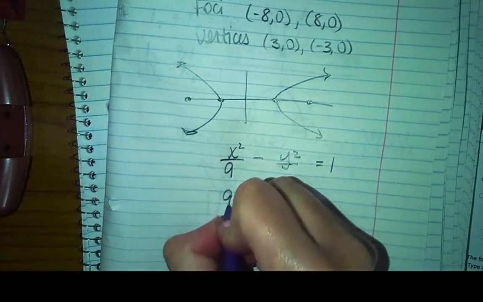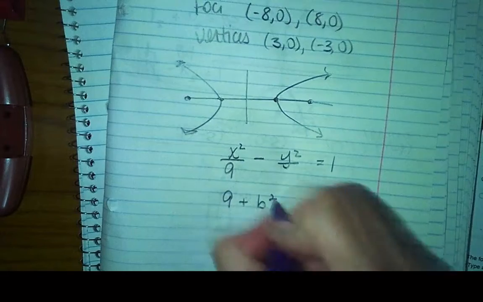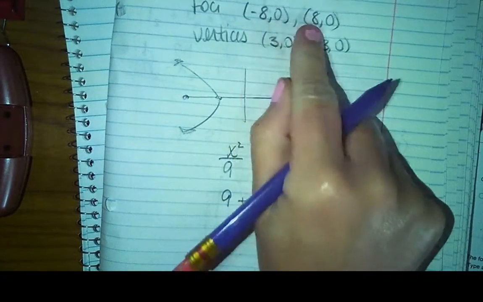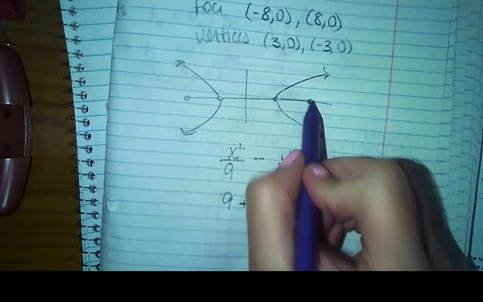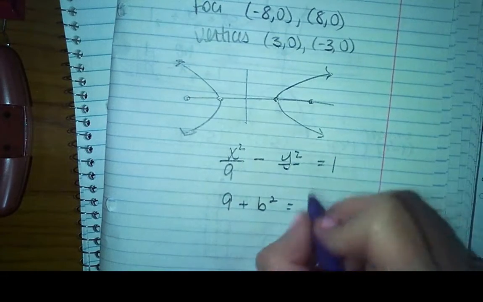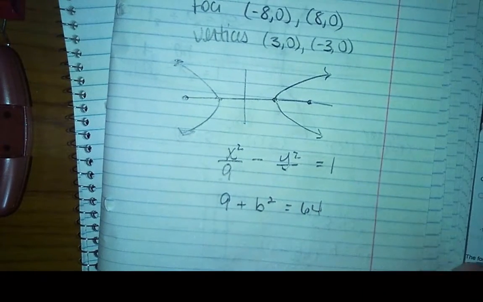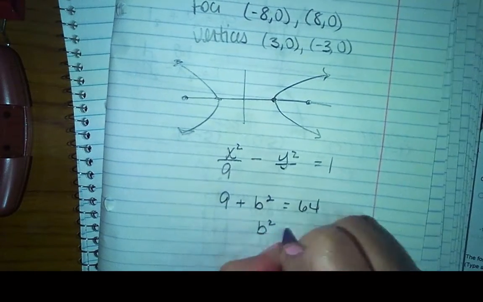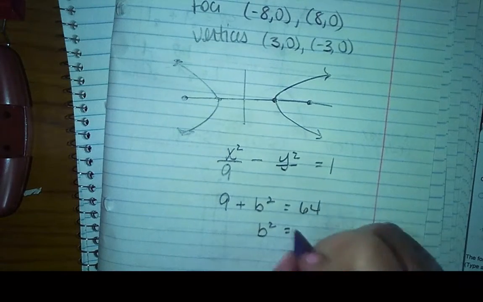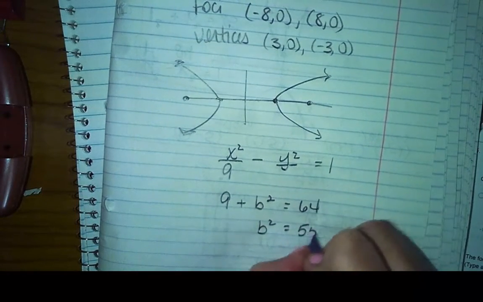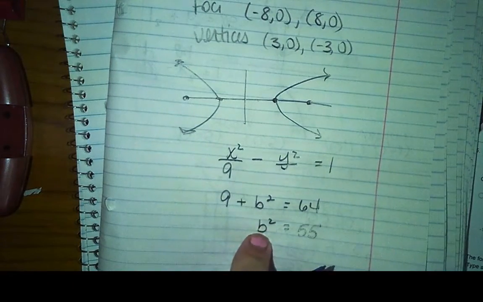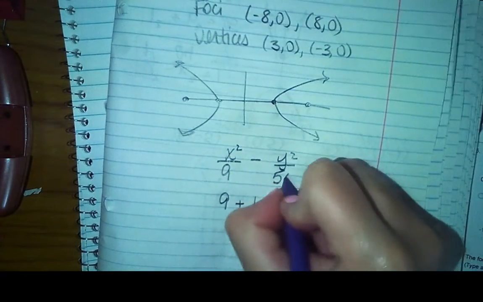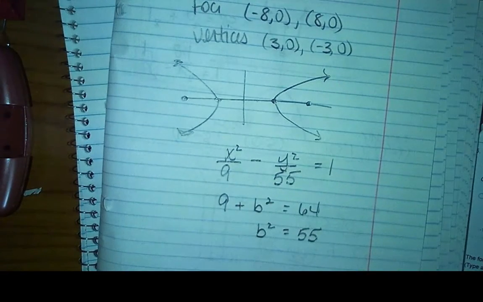I've got a squared plus b squared equals the square of this distance. How did I get to the foci? I went from the center left and right 8, so that squared is 64. So b squared is 64 minus 9, which is 55. And stop, because you want the squared form to be your denominator. So it's 55.